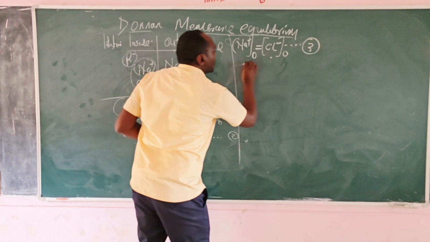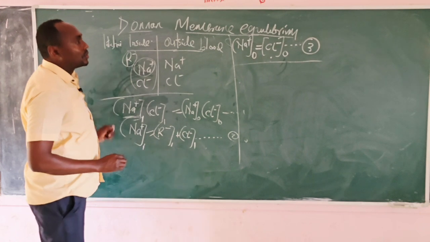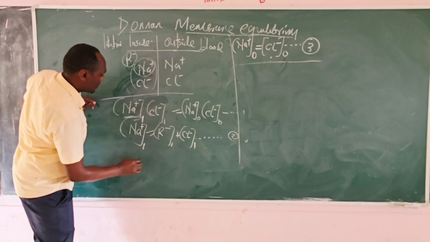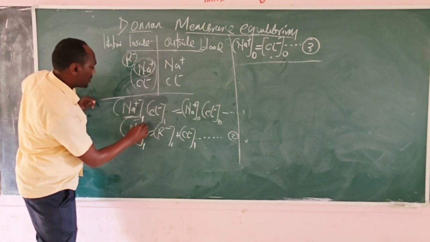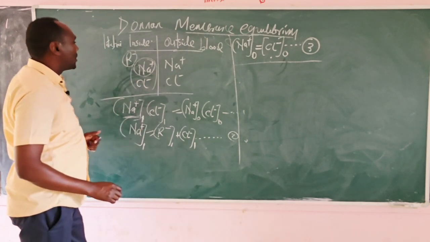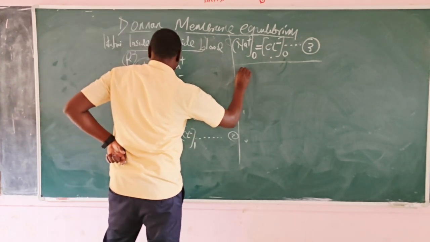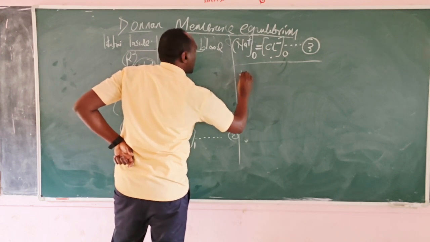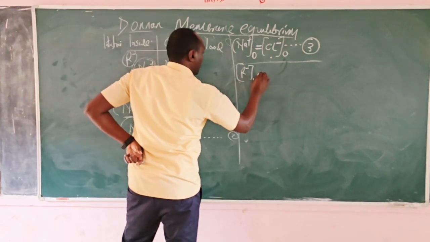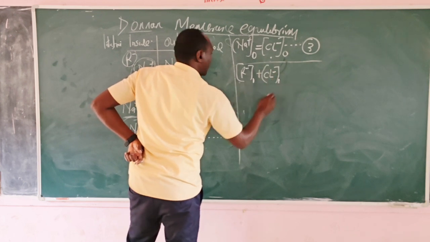Where we have sodium inside, we substitute equation 2 in 1: sodium inside is going to be R minus inside plus chloride inside.